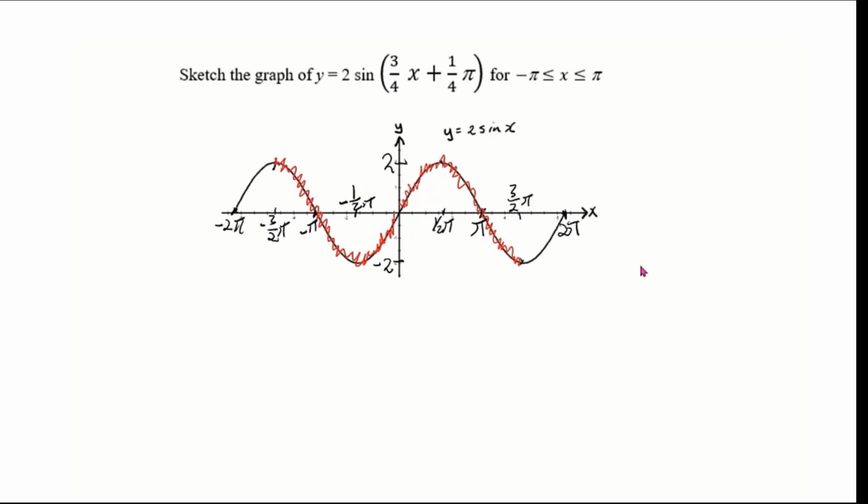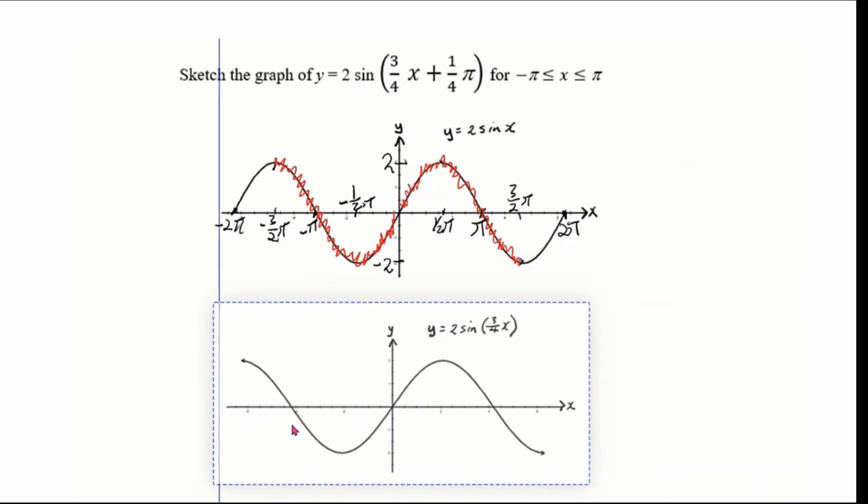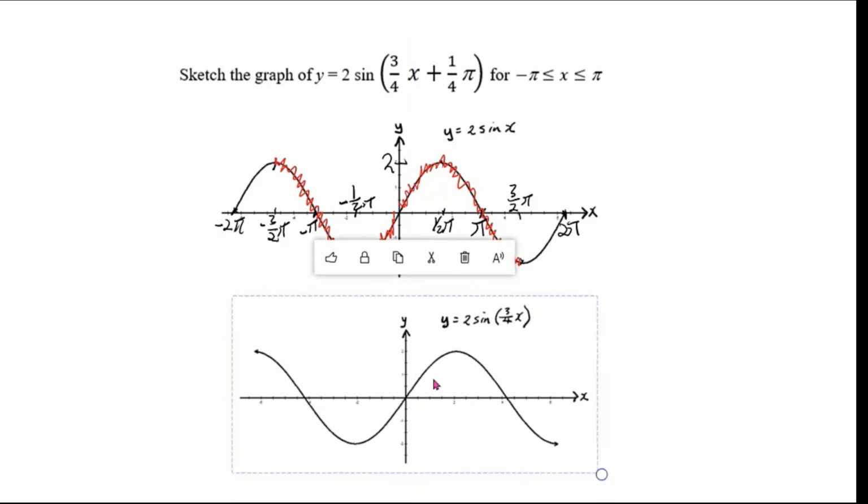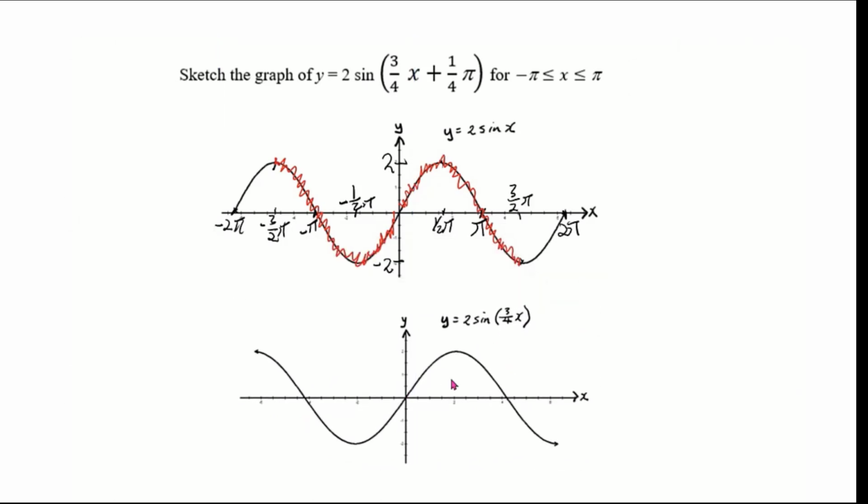Now we need to take out the part of the graph which is marked with the red color ink. So after we take out the part labeled with red color ink, this is the graph for y equals 2 sine 3 over 4x.